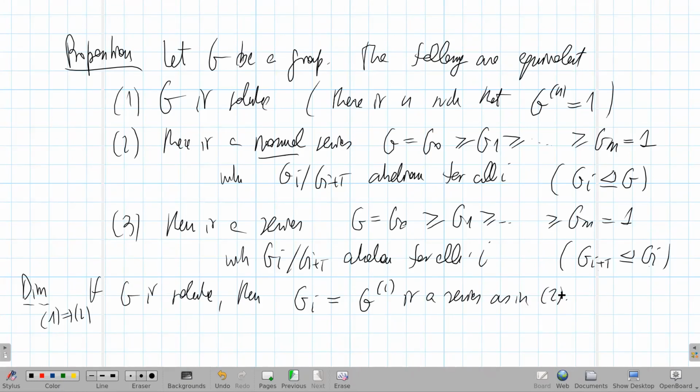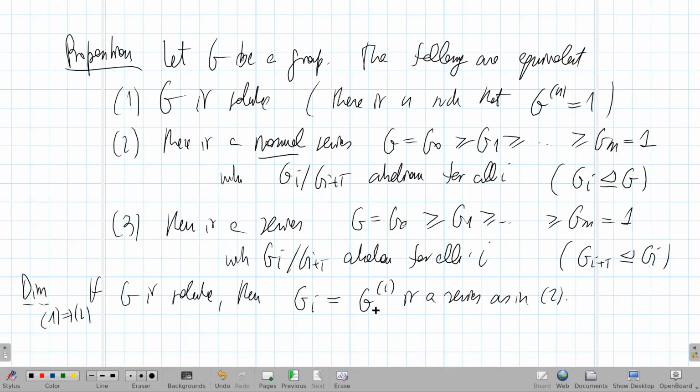But this requires an explanation. So I'm assuming 1. G is soluble, which means that there is a term of the derived sequence where we get to 1. So the derived sequence is really a series that ends in 1. And I'm saying that if you consider a series where G_i is the ith term of the derived series, then this is okay.